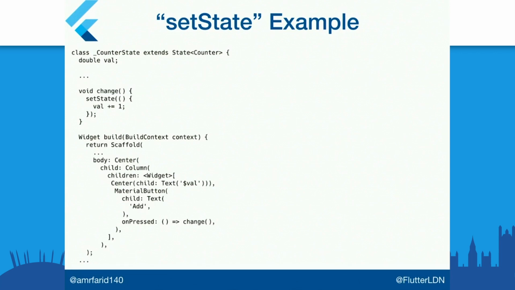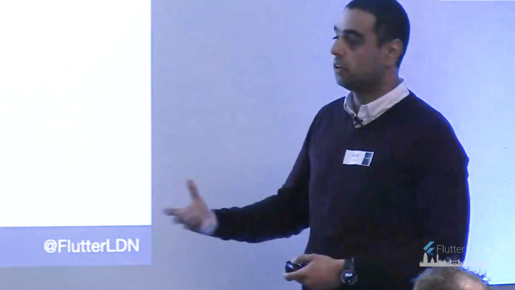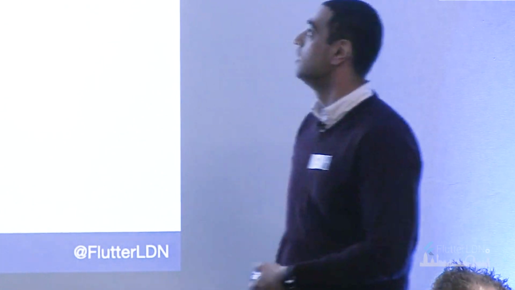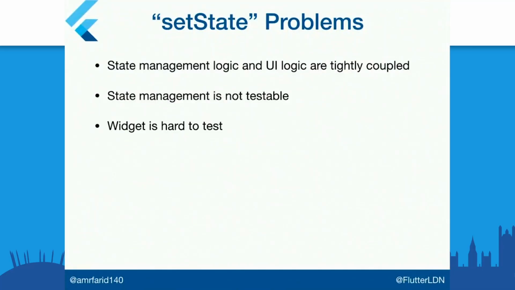Imagine you have 3 different parts of the state you're modifying; it doesn't scale well. As we said, it's tightly coupled to the UI and very hard to test. It also makes everything not predictable, because the more states and more parts of the state you add, the less you can predict what's happening.